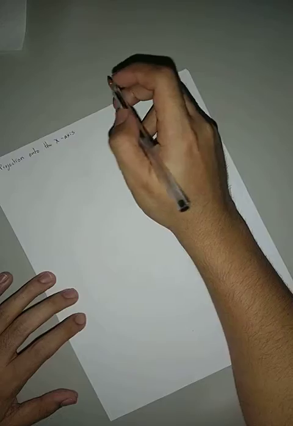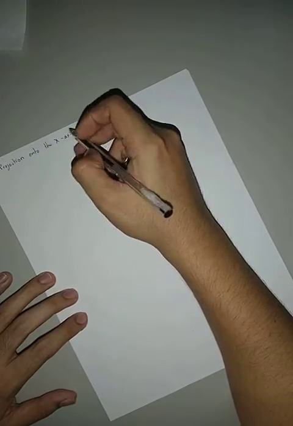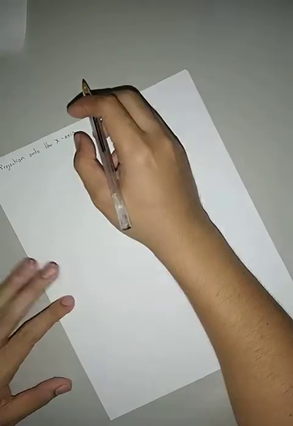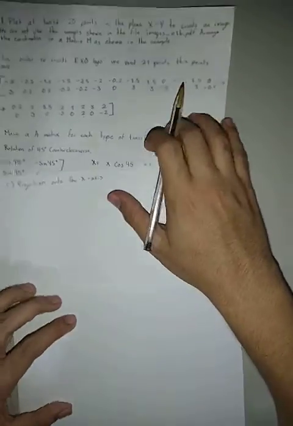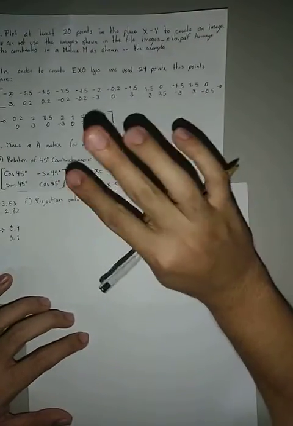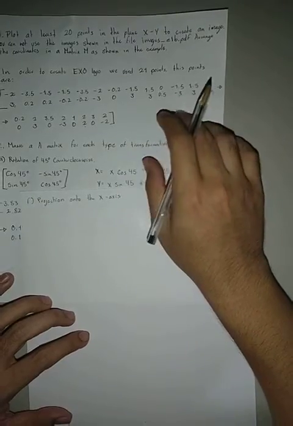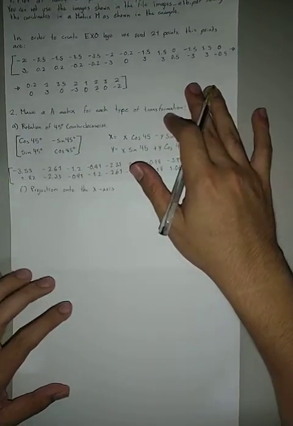So what this means is that the original matrix will be changing places between the x and the y and changing the value.